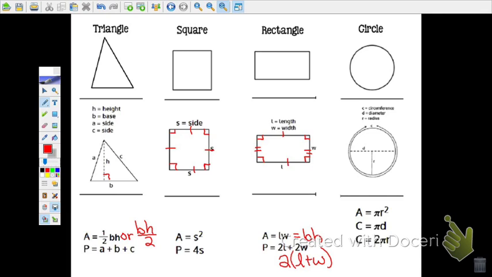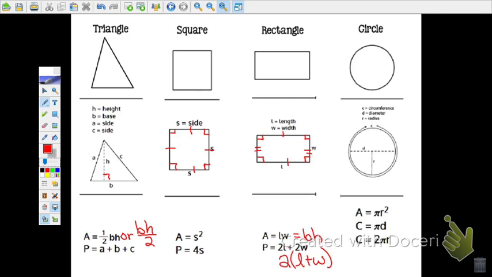And then the last shape we're working with today is a circle. With our first three figures, which have sides and angles, we call those plane figures. Okay? A circle is not a plane figure. It doesn't have those angles. So instead of perimeter, the word they use for a circle is circumference.